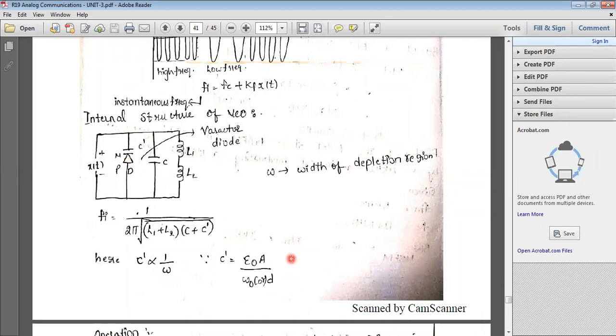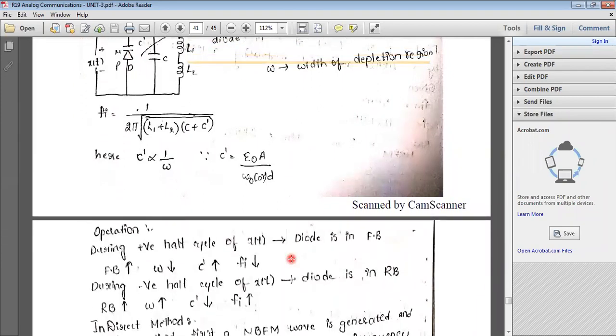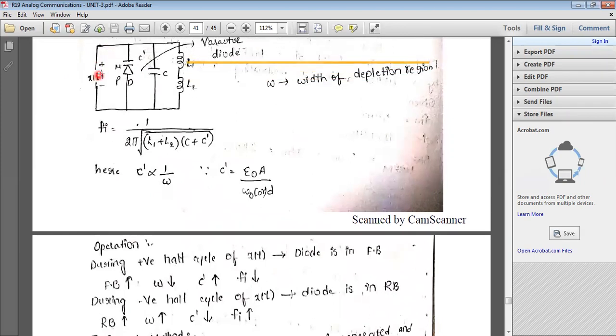So coming to the operation during the positive half cycle. Already you know, for this circuit, what is the input voltage? Message signal. For the message signal, we have a positive cycle and a negative cycle. In the positive cycle, the diode becomes reverse bias, since positive is connected to the cathode and negative is connected to the anode.